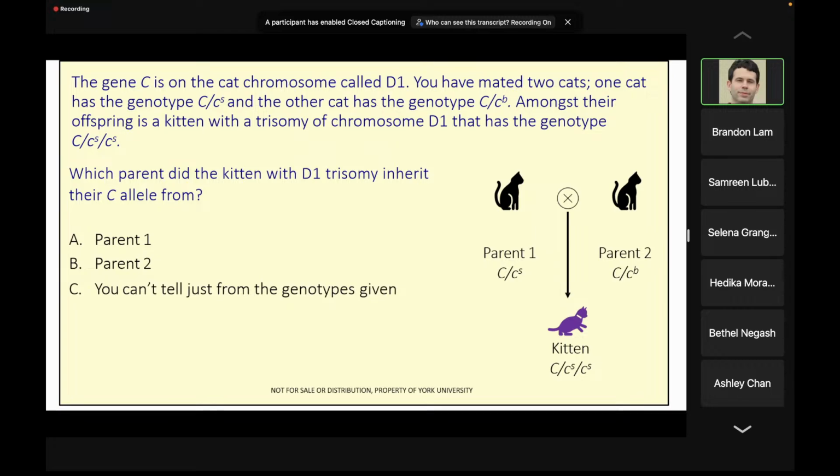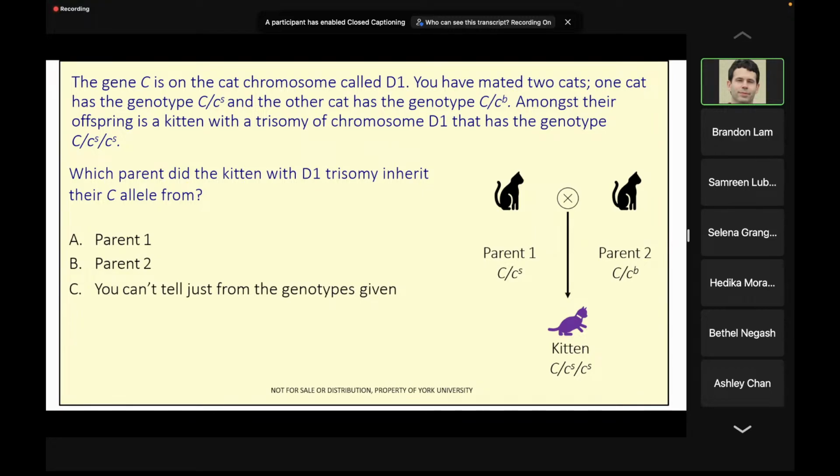Yeah, there are 3 copies of that particular chromosome. This question gives the parents' genotypes and the kitten's genotype. What parent did the kitten with the D1 trisomy inherit their big C allele from?